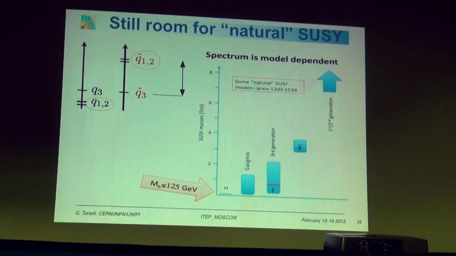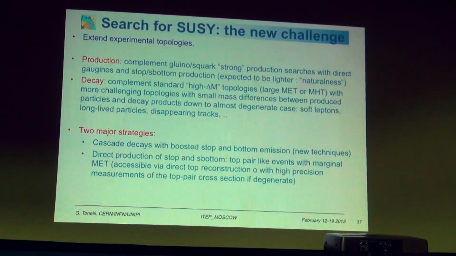Now we are reviewing all the analyses, trying to see if we can identify something completely different, which is still SUSY but with a completely different spectroscopy. And this is a new challenge, because in some sense we have to start from scratch.